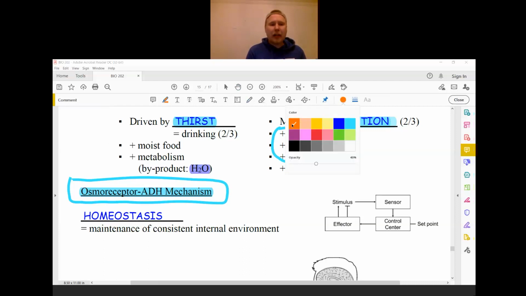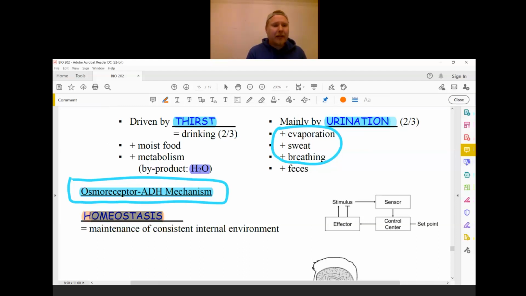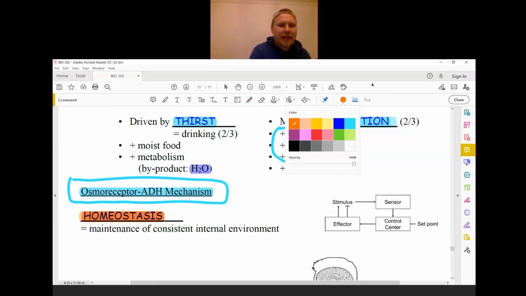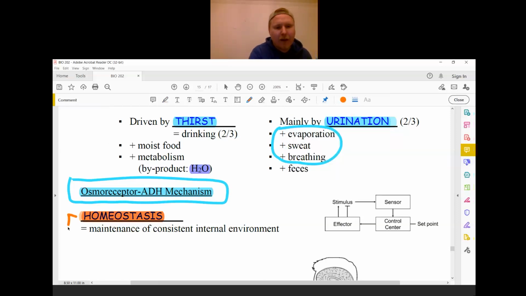Me instead, you know me, I like to keep things simple. So we go back to our good old friend, the concept of homeostasis. And you remember that, of course, homeostasis was all about maintenance of a consistent internal environment.